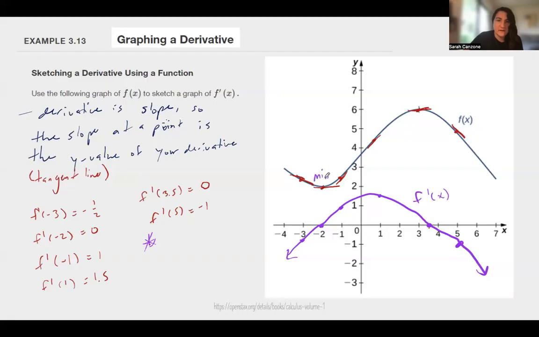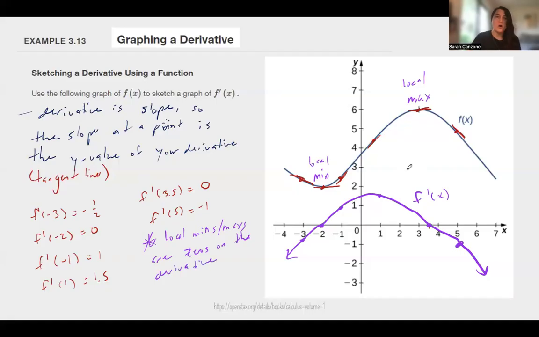So this is a local minimum and this is a local max, occur on the derivative function as zeros. So local min slash maxes are zeros on the derivative.